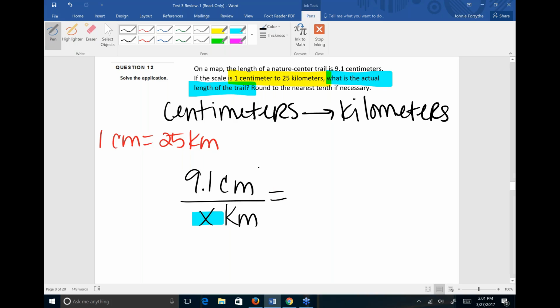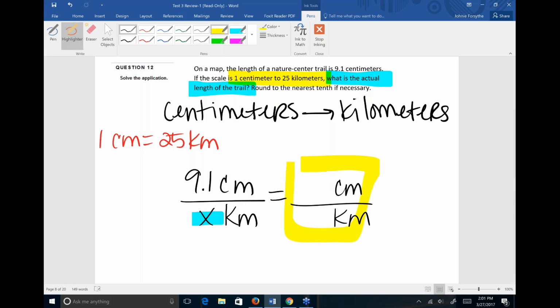And so when we're doing proportions, since we have centimeters at the top, we need to have centimeters at the top in your ratio here. And then we need to have kilometers at the bottom so that they're in the same order, okay? So now our scale is 1 centimeter is proportional to 25 kilometers.